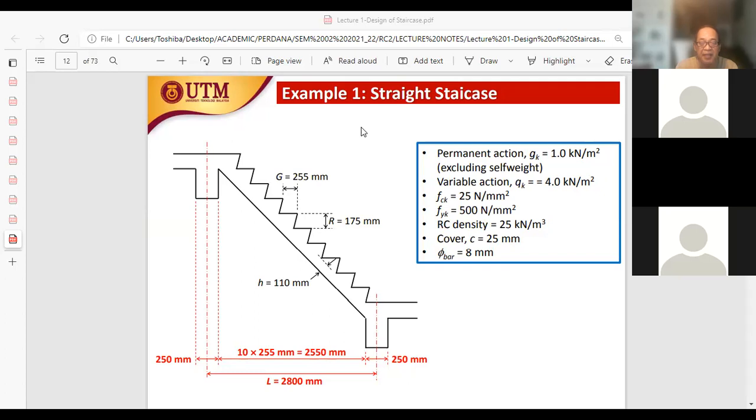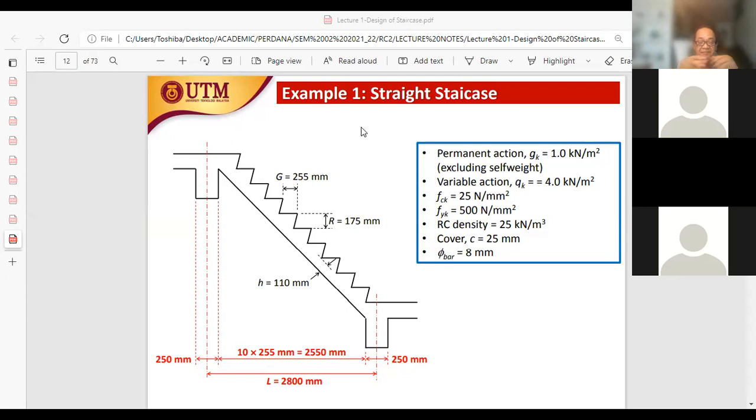From there we need to clarify, apart from the exposure condition dan sebagainya, the fire resistance of the building. Berapa kita nak guna? Remember, the higher the building, semakin tinggi bangunan, the longer would be the time required for fire resistance. And the maximum fire resistance dalam RC ni is 4 hours, 4 jam.